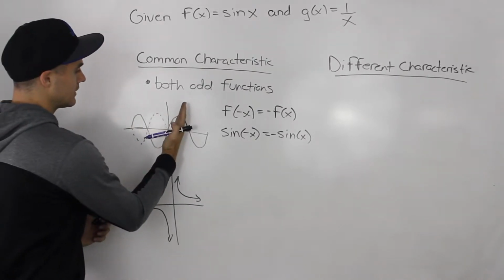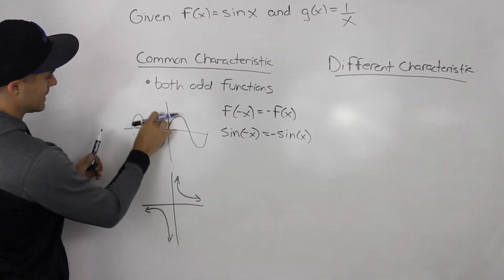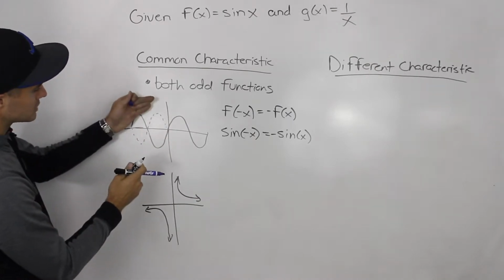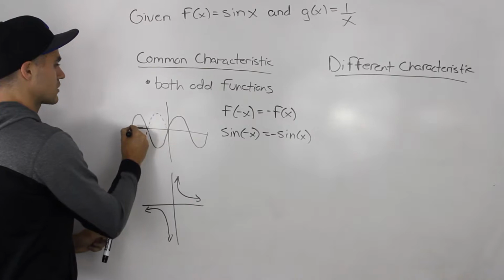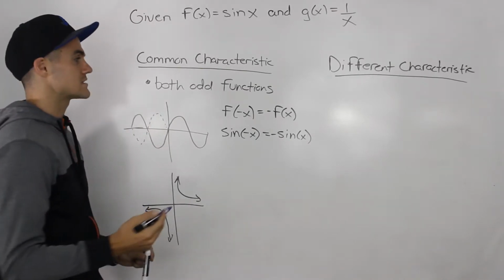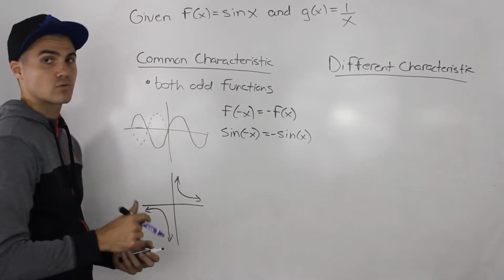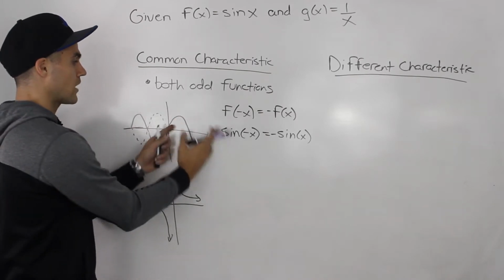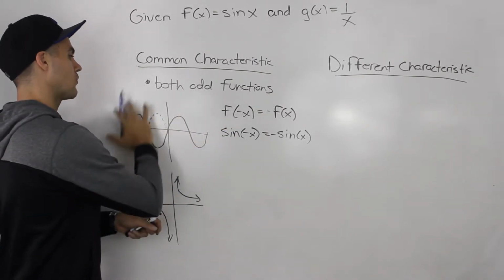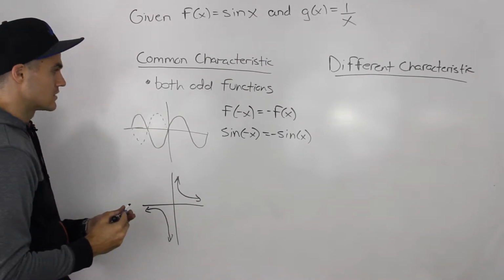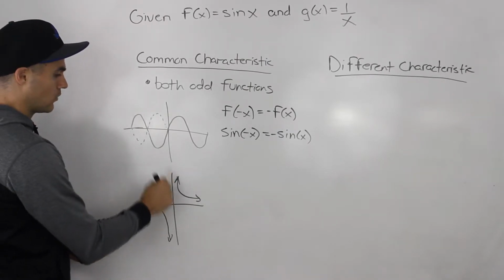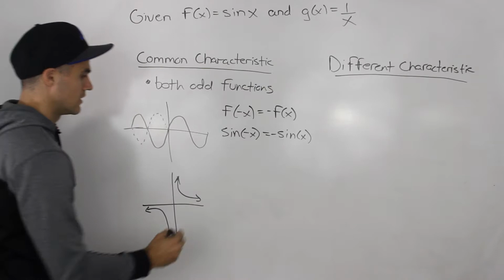So we reflected it over the y-axis, and then if we take this dotted purple line and then reflect it over the x-axis, we would end up with this portion of the graph. So that's another way to tell if a function is odd. If you take the right portion, reflect it over the y-axis and the x-axis, you should get the left portion. So sine x is odd, and then 1 over x is odd as well.